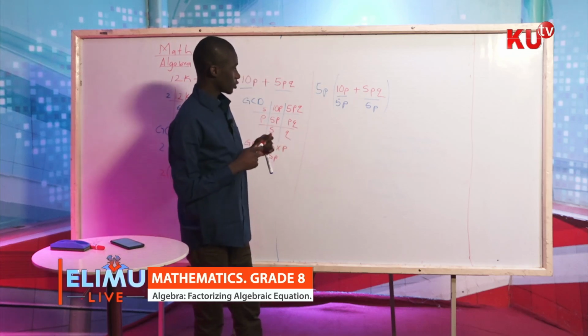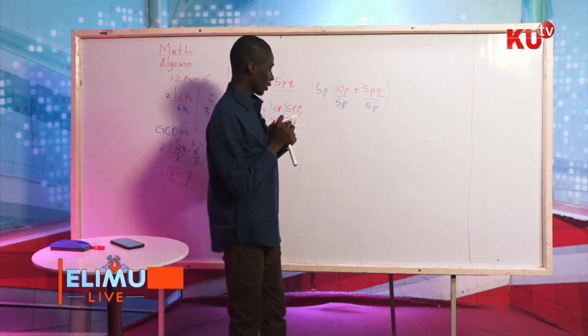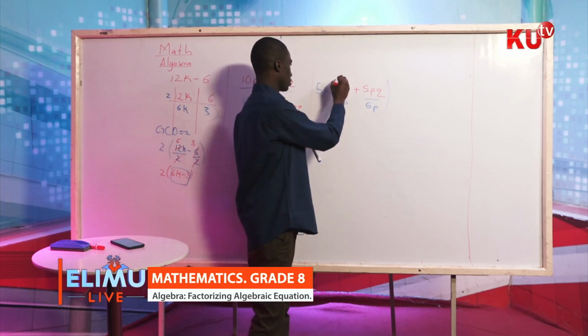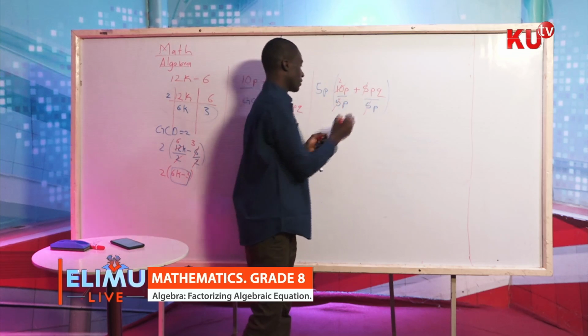On simplification of the parts inside the bracket, I'll start by simplifying the numerical values, where this 5 is going to divide this 10 two times, and also this 5 is going to eliminate that 5.